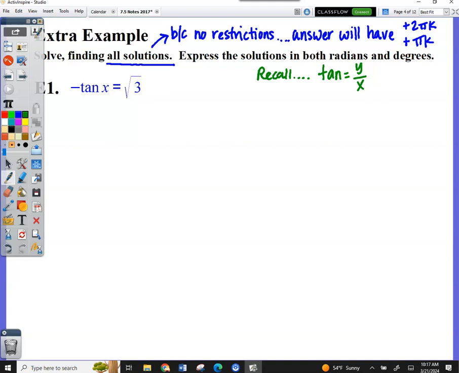Tangent equal to root 3 or root 3 over 3 is either a 30 or 60 mark. If you look at this one, we can go ahead and move the negative over. Here's the trig function by itself. The negative would need to move to the other side. So tan of x would equal negative root 3.